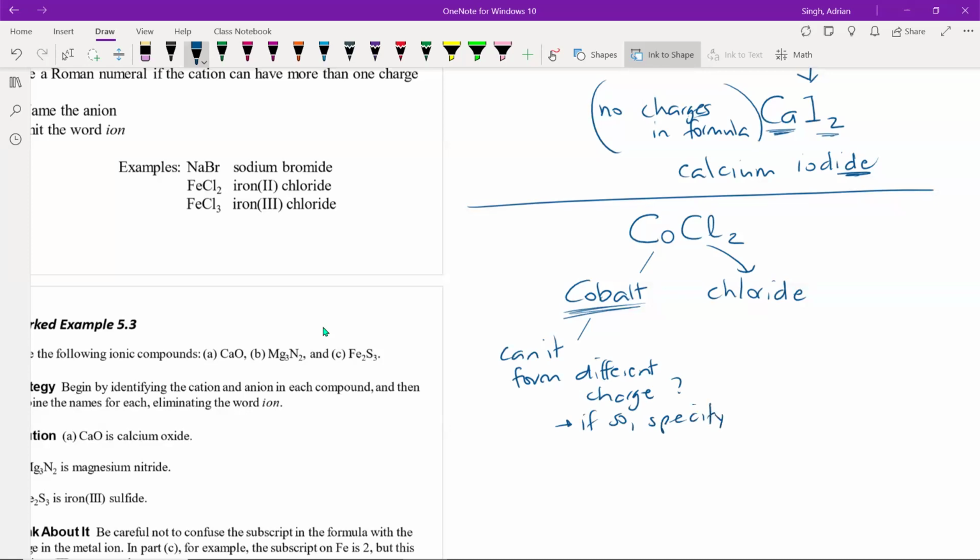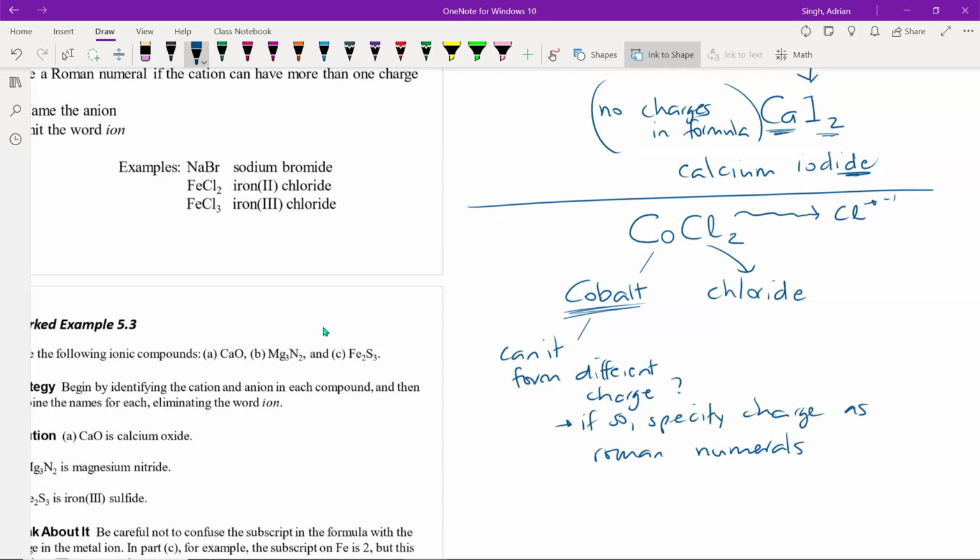So we're going to specify the charge as Roman numerals in parentheses. Okay, so if you don't know what the charge of the metal is, we can look at the non-metal ion. So we know, okay, that Cl is always going to be a -1 charge. Chlorine's in group 7, just like its friend iodine upstairs.